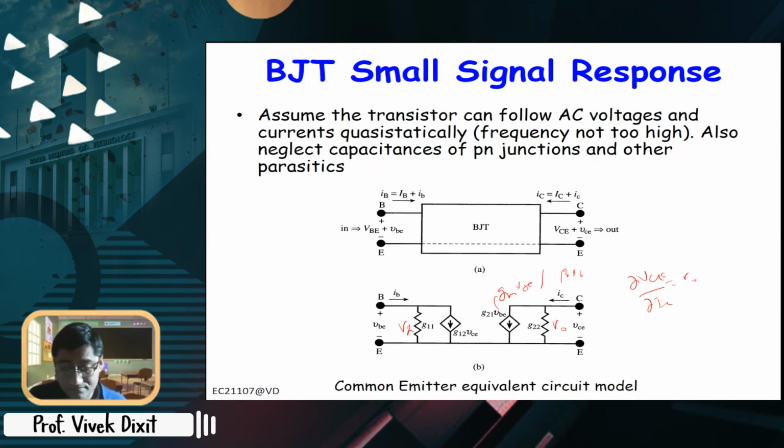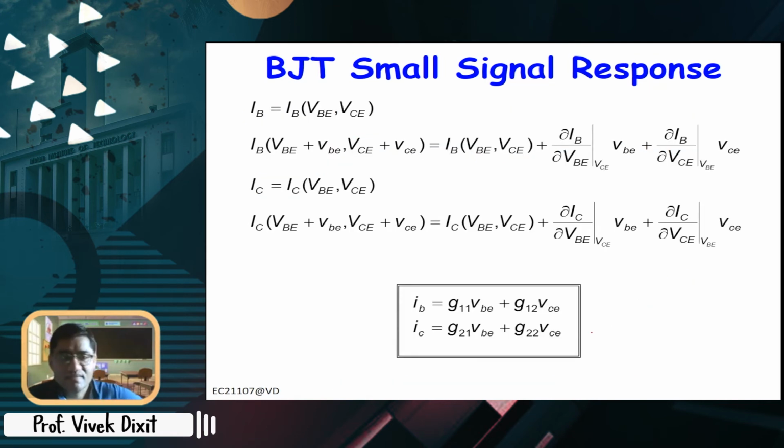So what you can do to obtain these parameters, these are 4 parameters only. You can express IB and IC as a reference value plus, this small v is basically the AC part, due to the AC part.